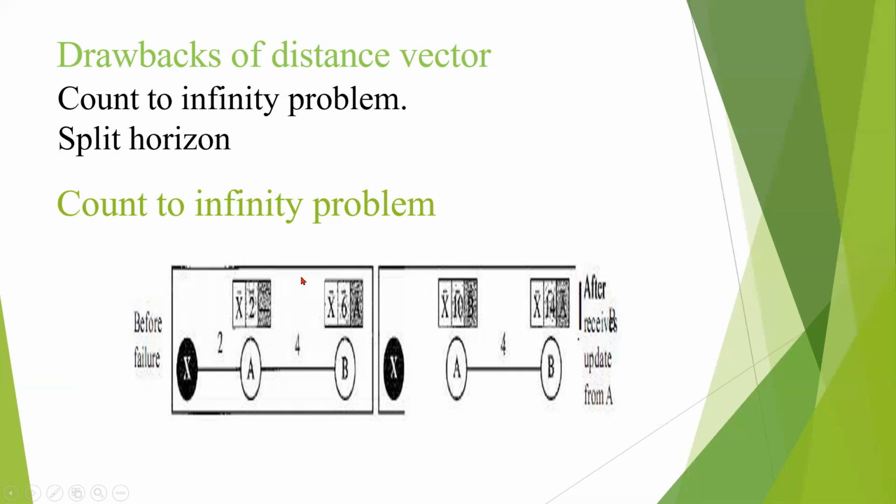In count to infinity, when X wants to reach B, it goes via A. It means 2 plus 4, 6 via A. This is before failure, when it doesn't receive the output at the receiver end. After receiving the output it will be updated, and it is reached via A or B.